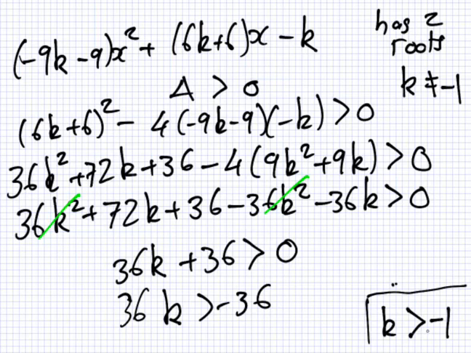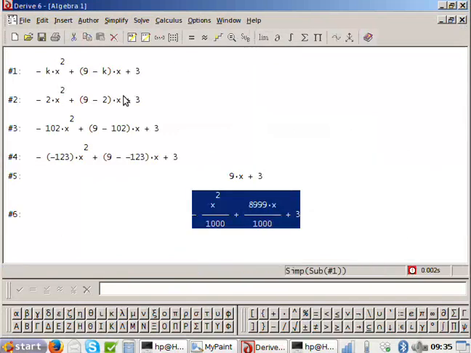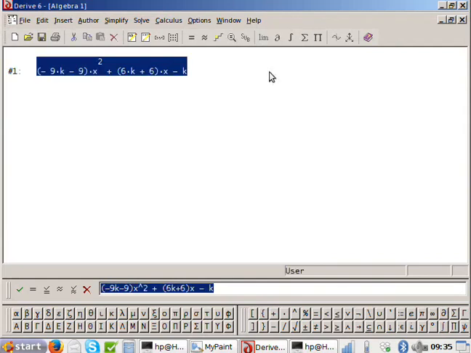Okay, let's do another one like this. Can I scroll down? Yeah. Okay. One a little bit more difficult. So this one here, minus 9k. Oh, hang on, no. Oh no, it's okay.